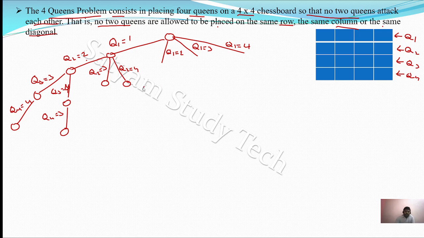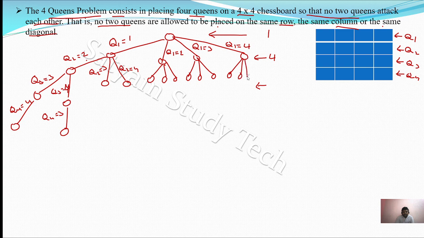So how many total nodes are there? This is a state space tree, also called a solution tree or permutation tree. You can see at the first level there is one root node. At the next level there are 4 nodes. At the next level there are 4 into 3, that is 12 nodes.